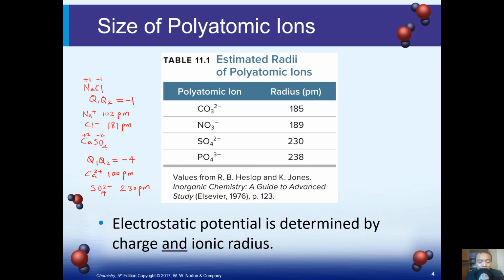However, the Q1 times Q2 is much larger than that of sodium chloride. So this results in a much larger overall result. In other words, the interaction between calcium ion and sulfate is much larger than that of sodium chloride.